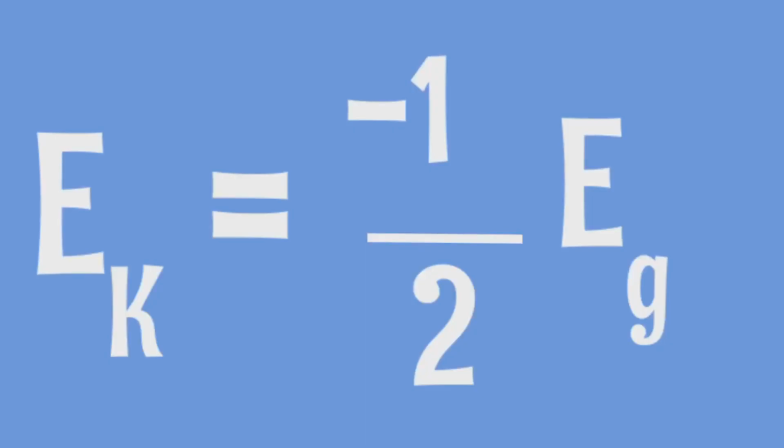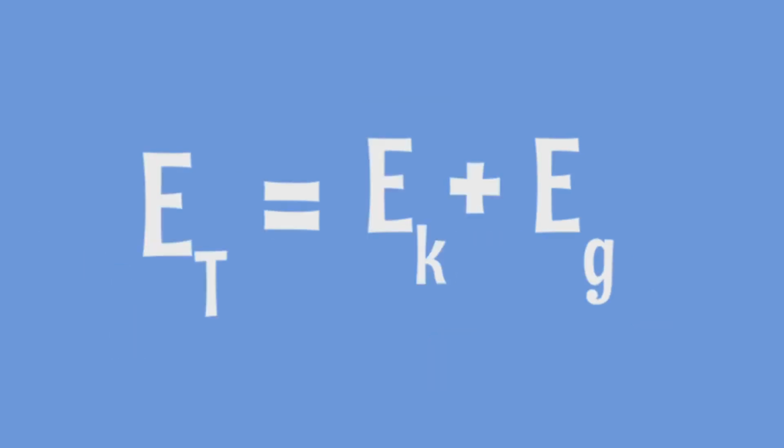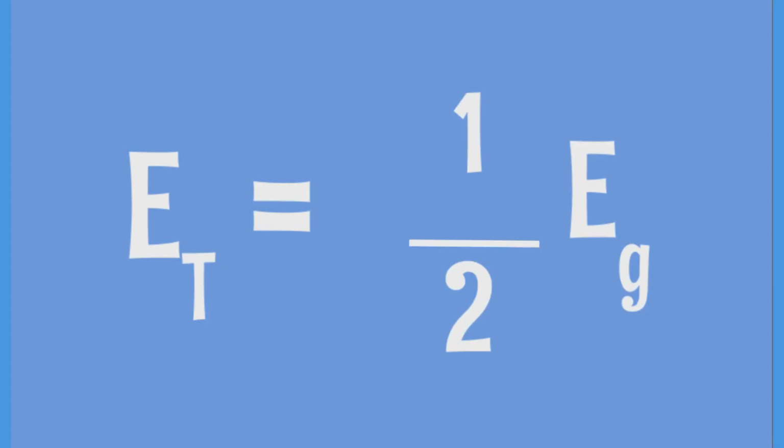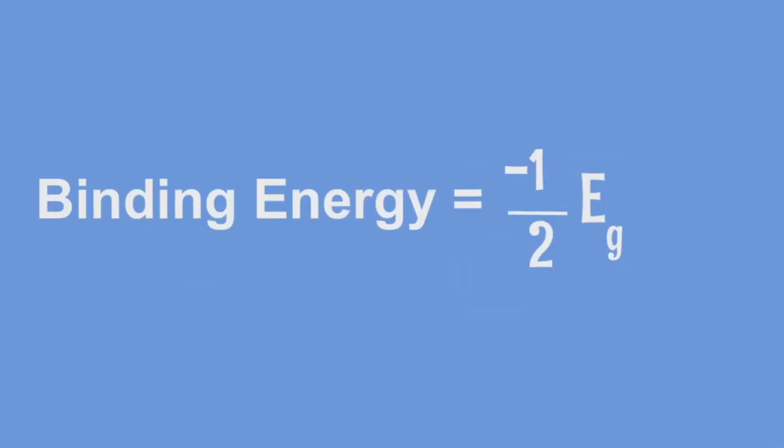As we calculated earlier, in orbit, the kinetic energy is equal to minus 1/2 the gravitational potential energy. Therefore, the total energy is equal to the kinetic energy plus the gravitational potential energy, making it 1/2 the gravitational potential energy. So all that we need is minus 1/2 Eg, and we're all set to go on finding the binding energy.